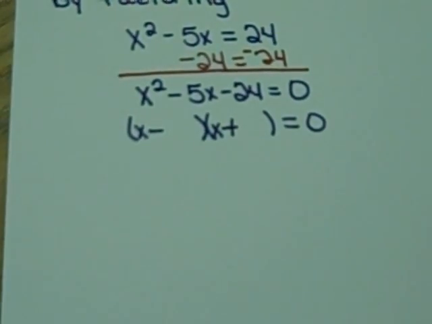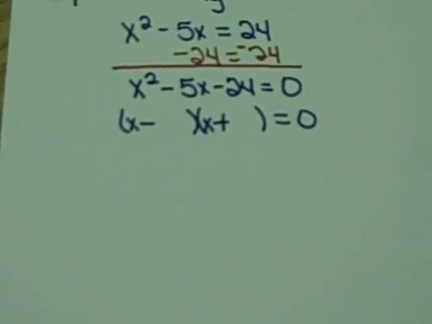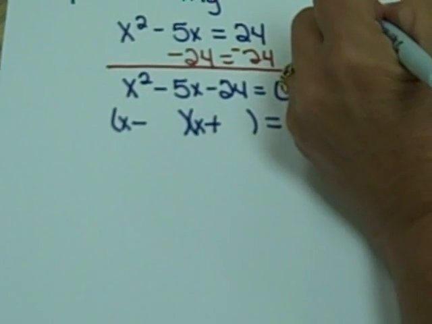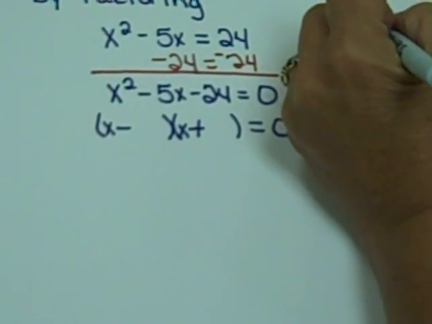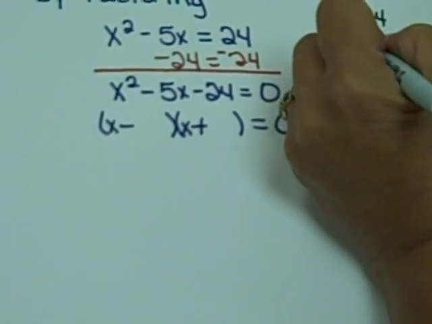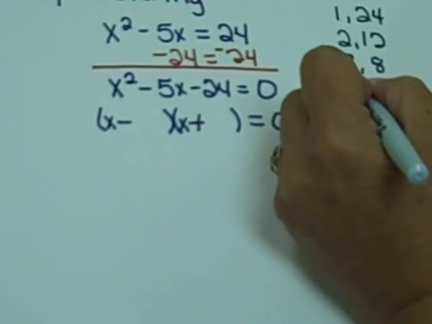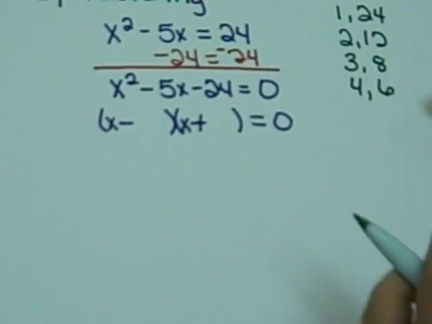Now, at this point, we need to know what those factors of 24 are. And we get 24 from this last number. So we know that 1 and 24, 2 and 12, 3 and 8, 4 and 6 are all factors.